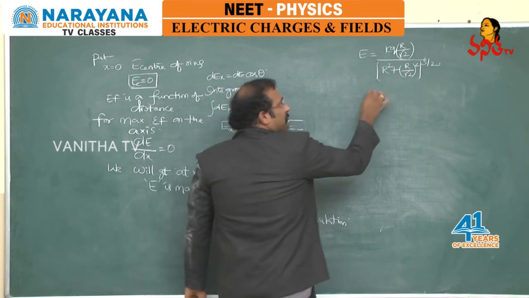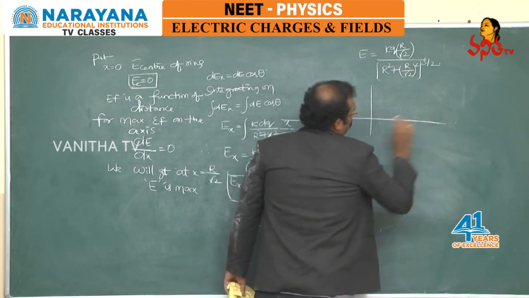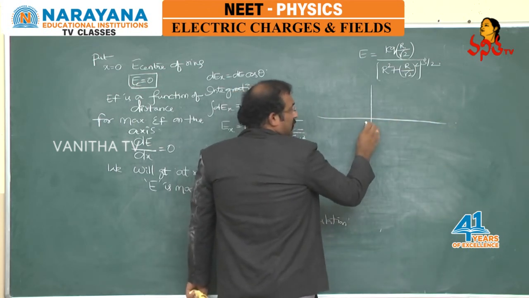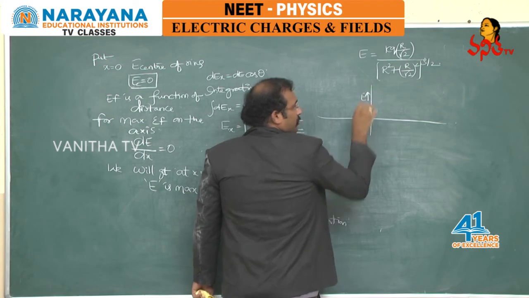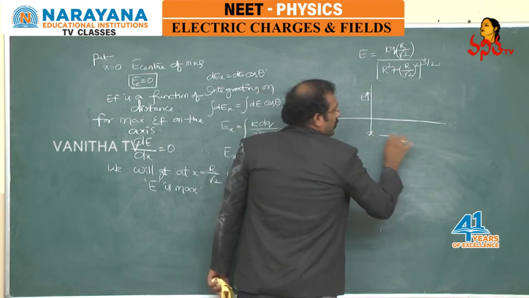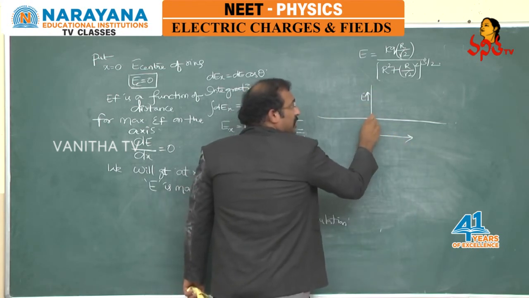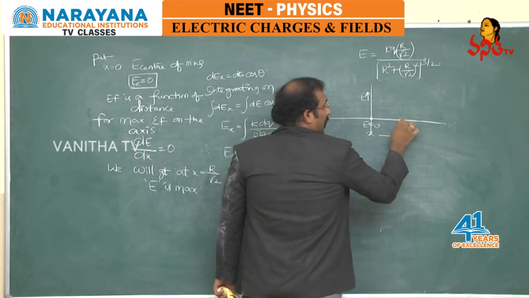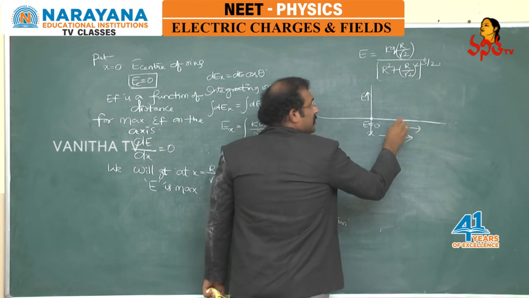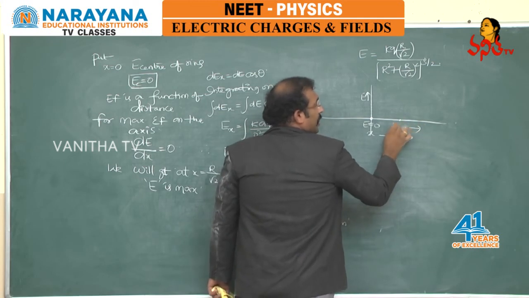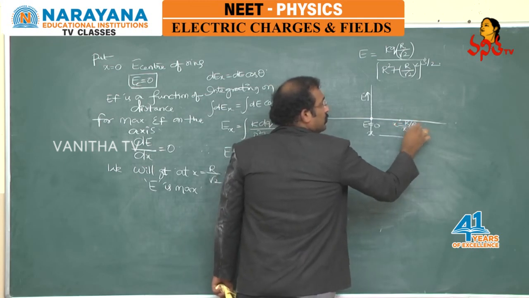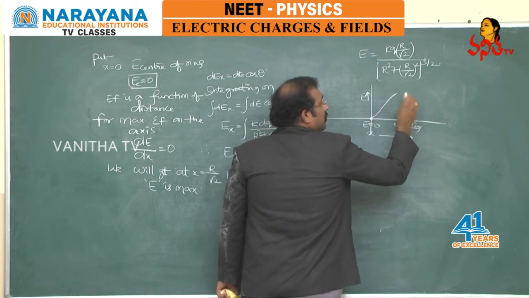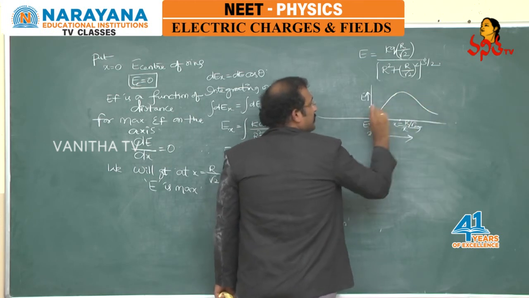If you draw a graph for that, E on the y-axis and distance on the x-axis, the electric field at the center is equal to 0. From here, at a distance x is equal to r by root 2, the electric field would be maximum, and from here again it will decrease.